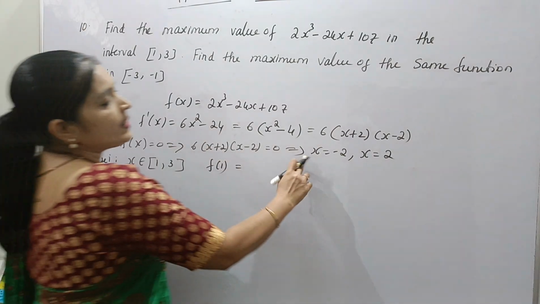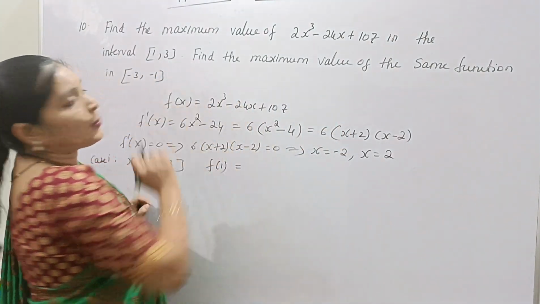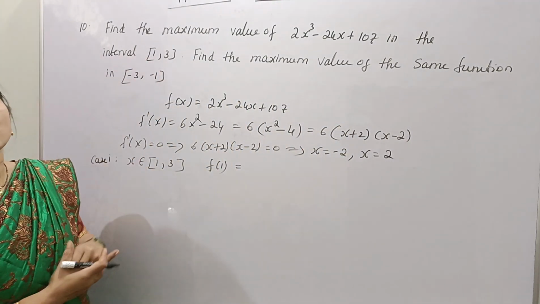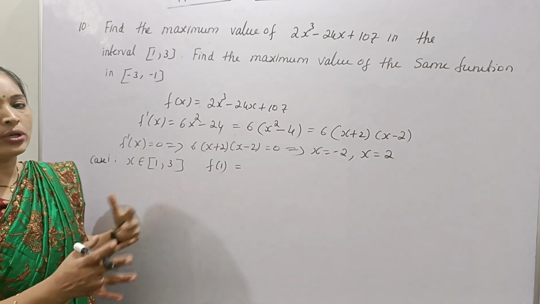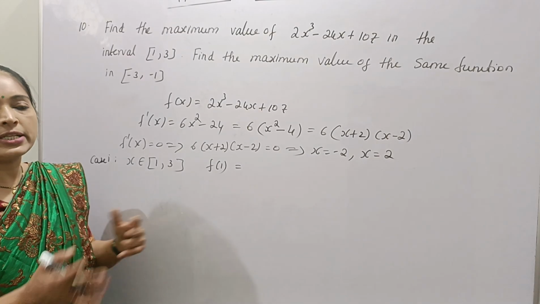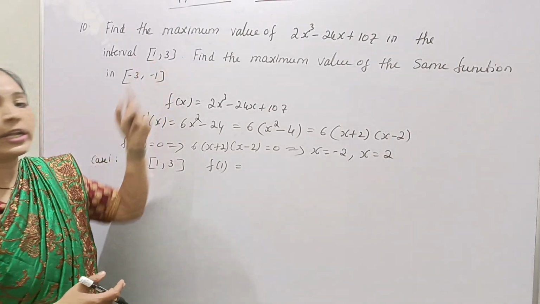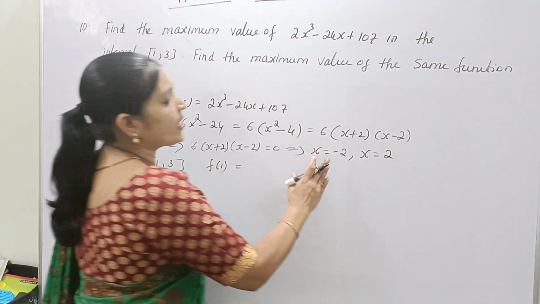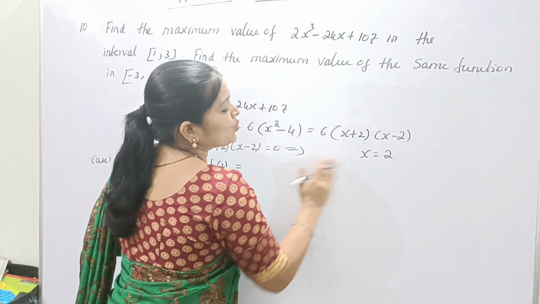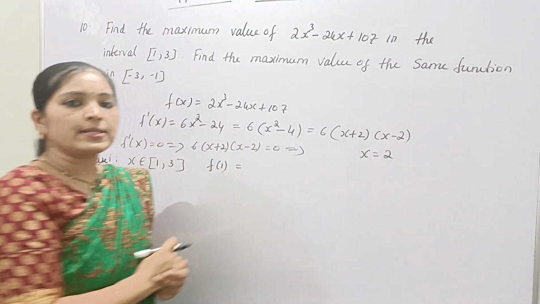Here x is equal to minus 2 is not possible, because x belongs to the closed interval 1 to 3, and minus values are not included in this interval. Therefore x equal to minus 2 is not possible, so only x is equal to 2.